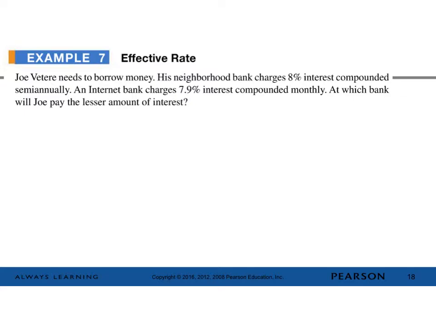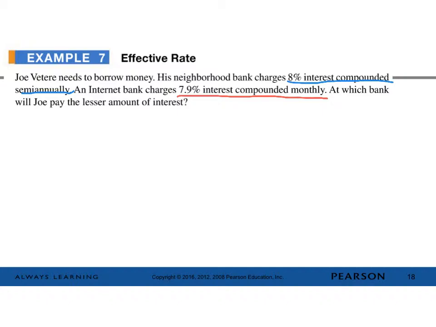So here we have Joe Viteri, who needs to borrow money. His neighborhood bank charges 8% interest, compounded semi-annually. An internet bank, on the other hand, charges 7.9% interest, compounded monthly. Which bank is going to give him the lesser amount of interest?